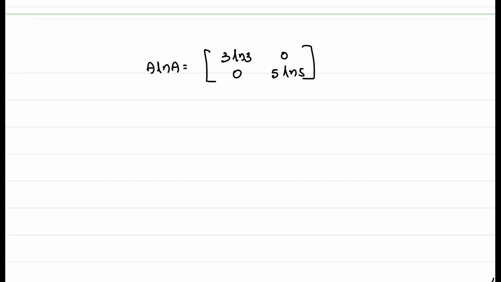Then only you apply this principle. The entries are A11 times ln lambda 1, and A22 times ln lambda 2.